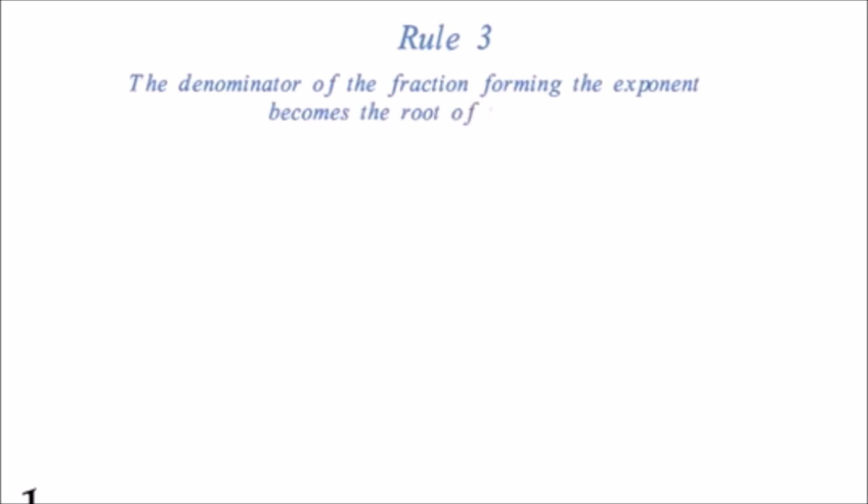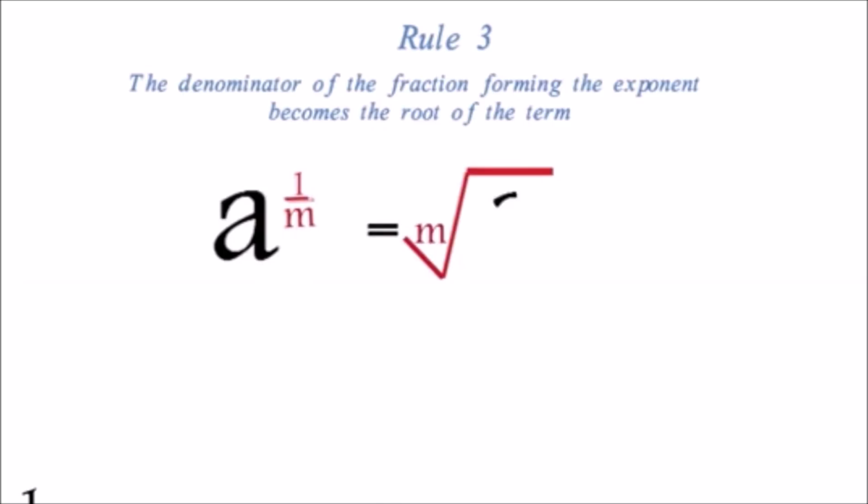Rule 3. Another important deduction is when the exponent is a fraction. The denominator of the fraction forming the exponent becomes the root of the term. The rule is a exponent 1 over m equals the m root of a.